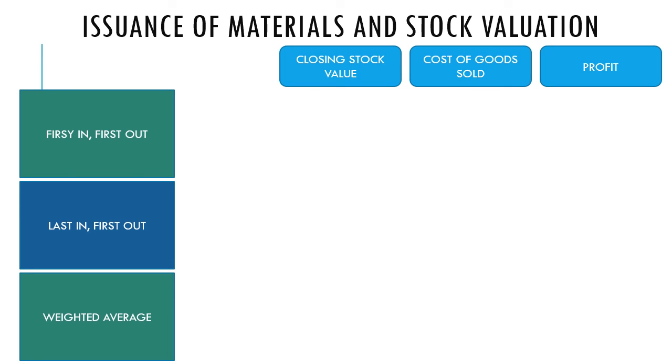But sometimes the question can be a little bit tricky, in which they say choose the method that will yield the highest profit, or choose the method that will give the company the lowest cost of sales. So you may not be able to know which method gives you high profit or low cost of sales. So this is the summary of which method gives you high profit or low profit.